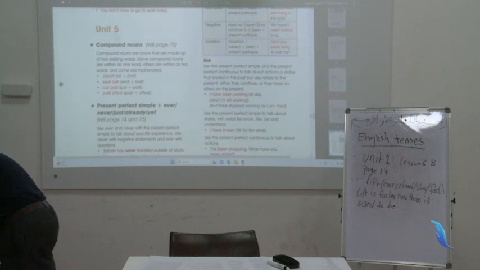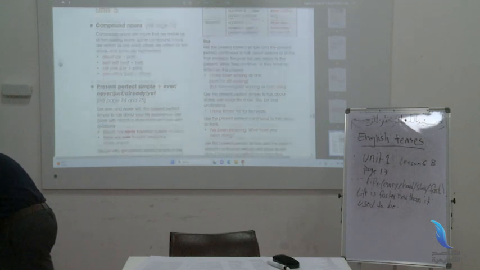You see? You can separate them. Airport is one word, but it's a combination of two words: air plus port. Seat belt, seat plus belt. Car park, car plus park. Post office, post plus office, and so on.